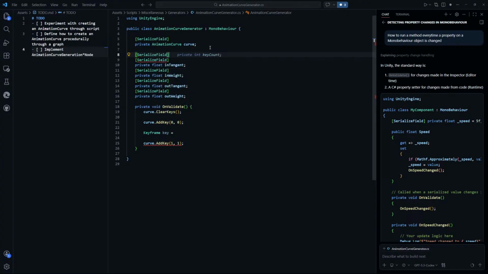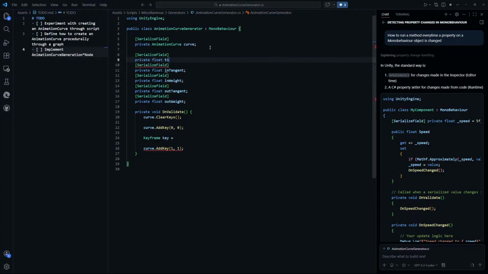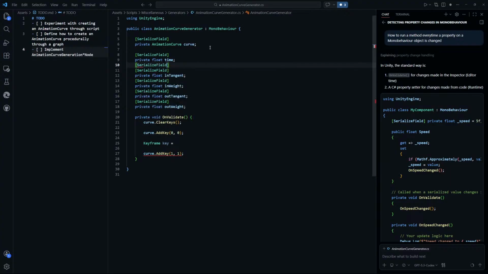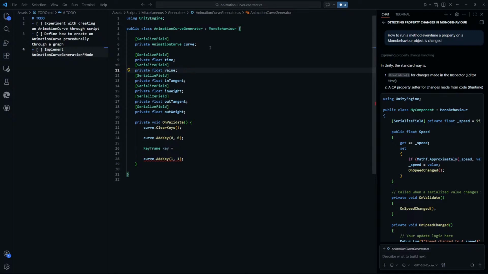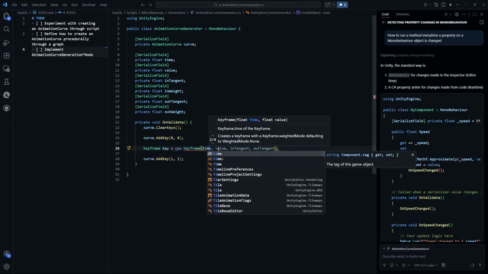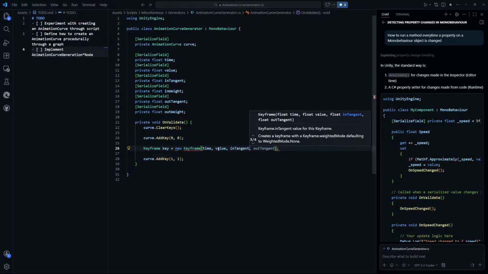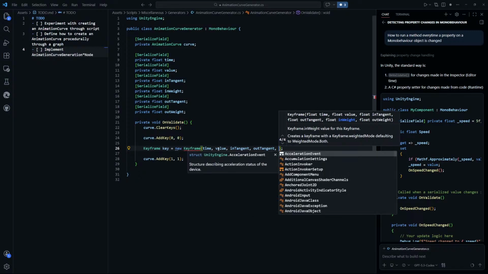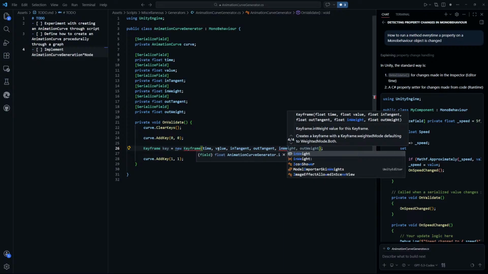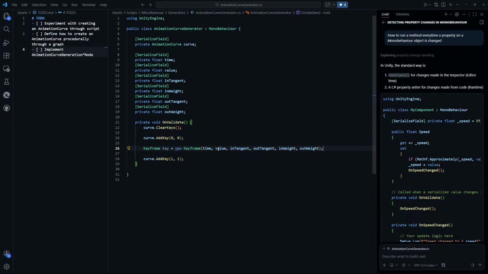SerializeField private float time, value, keyframe key, time, value, in tangent, out tangent, weight. And then we add it, and hopefully we update this one on the fly.